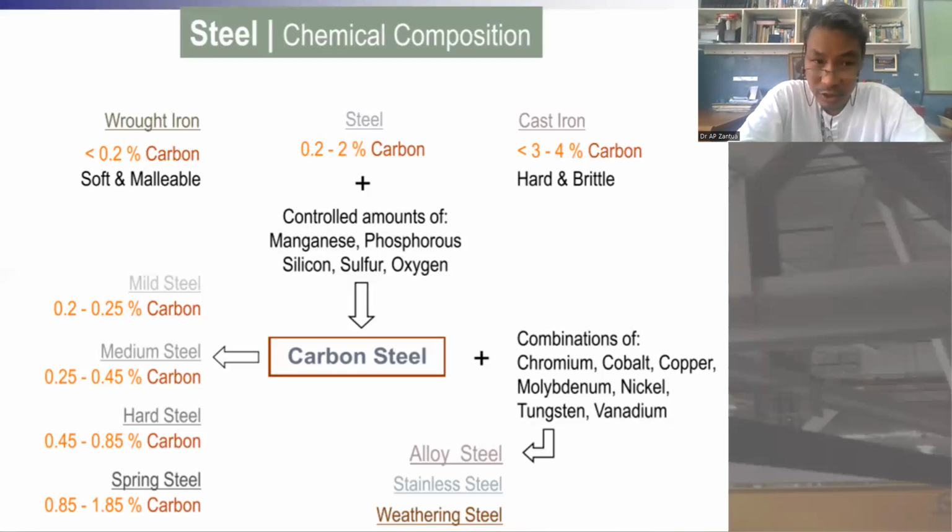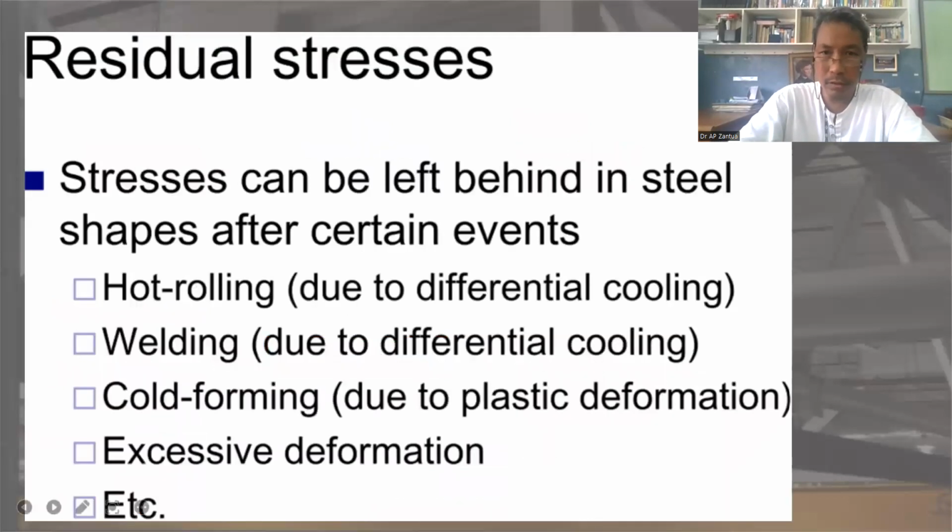Hard steel, 0.45 to 0.85% carbon. And lastly, spring steel, 0.85 to 1.85. So it's very specific. So let us continue.